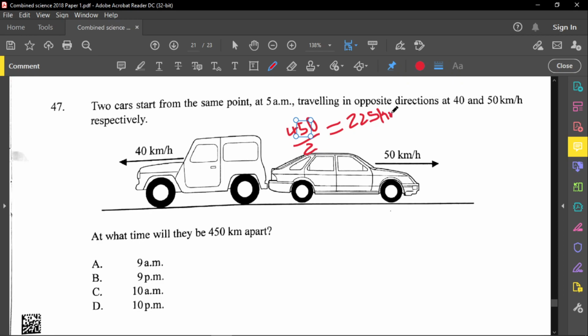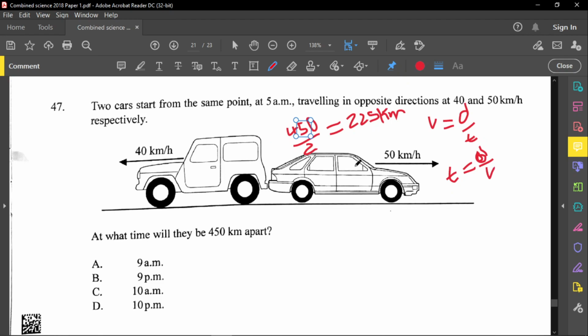Remember from our formula earlier, if V is equal to D over T, then to find time, T will equal D over V, distance traveled over velocity.